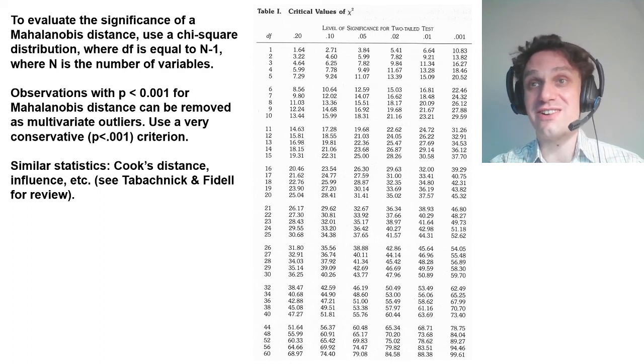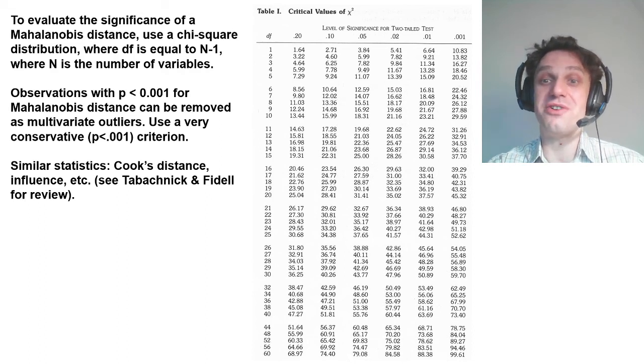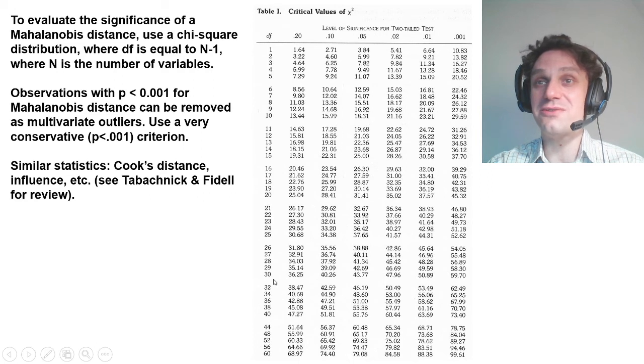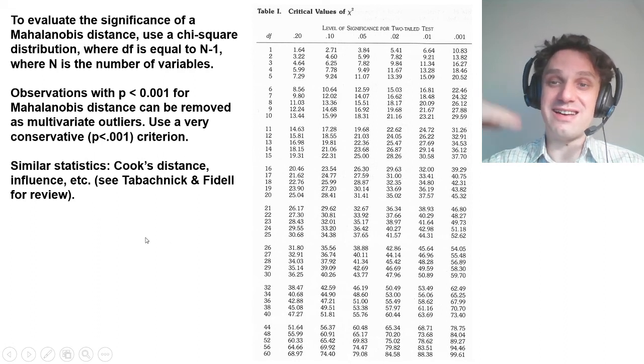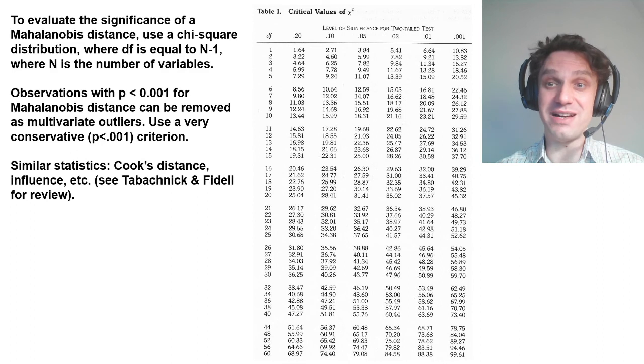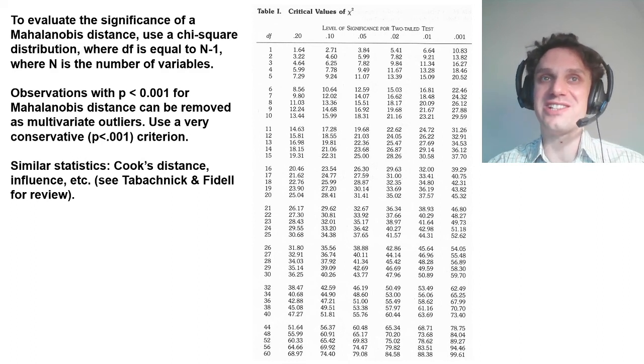So if in your questionnaire there are 30 questions which you use to calculate this Mahalanobis distance, you need to take a critical value for 29 degrees of freedom, the number of your variables minus 1, and probably it makes sense to use a very conservative criterion, so I would use 58.3 as the minimum value above which I would consider my data points to be potential outliers.